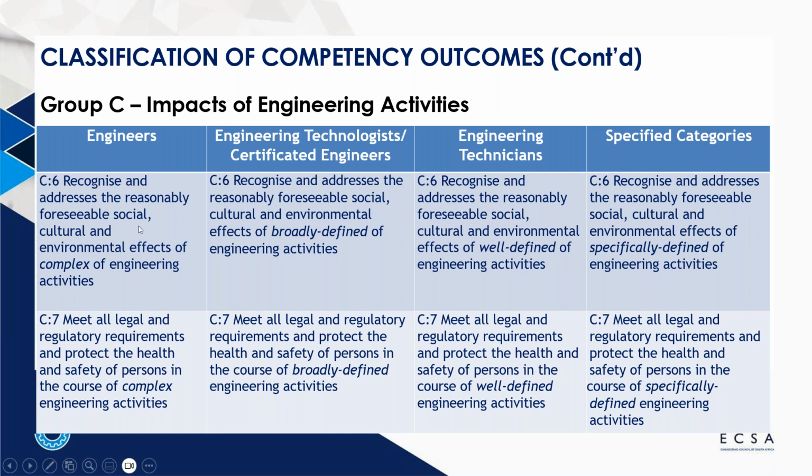You need to understand the impact of your project: how it impacted the community socially, how it impacted the community culturally, and how it impacted the community in terms of environmental affairs within that particular complex. Obviously, as an engineer, you will be working within a complex of engineering activities. The same goes for technologists, technicians, specified categories, and so on.